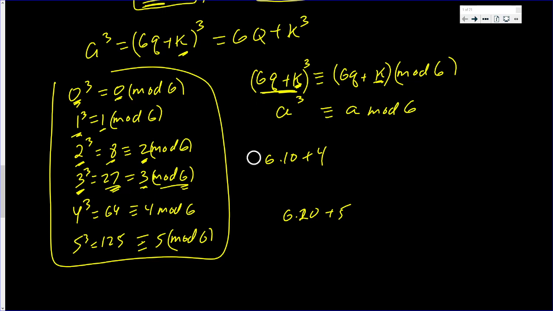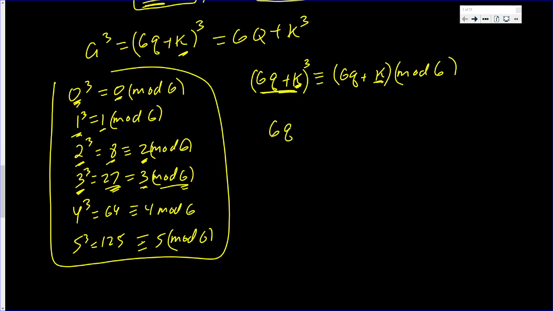Okay, in other words, just one quick example. If it was in the form of 6 cubed plus 3, I did get back 6 cubed plus 3. That is, the remainder, when you FOIL this out and divide by 6, the remainder will be 3.